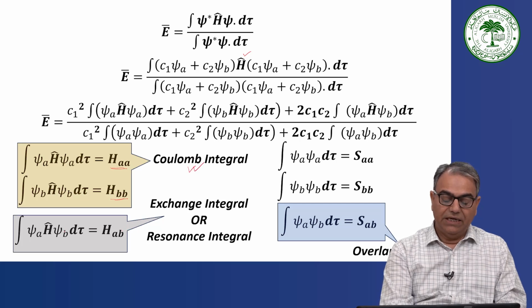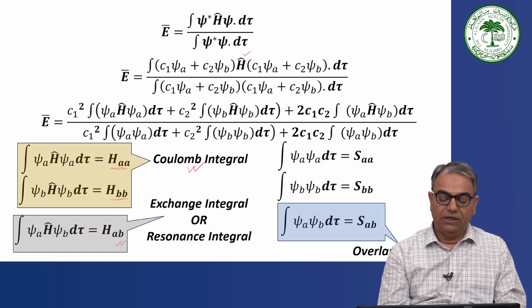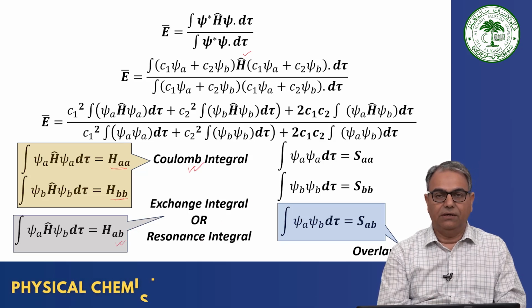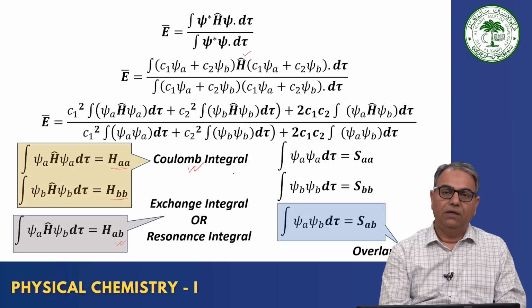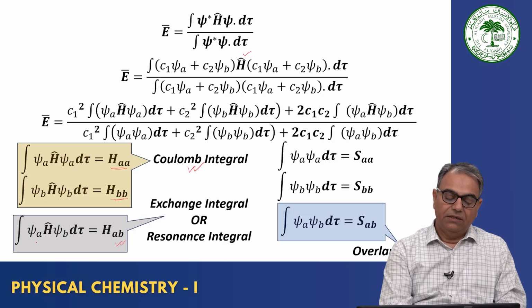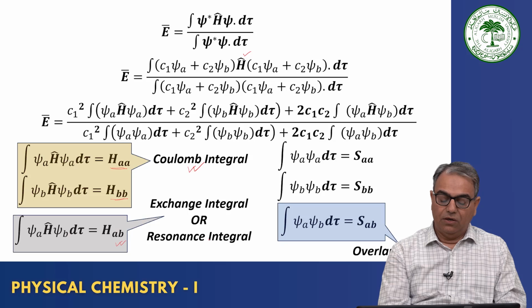When you have psi a h psi b d tau, it is called HAB, and this integral is called the exchange integral or resonance integral. See the difference: in the Coulomb integral both wave functions are the same, psi a and psi a, psi b and psi b. If the wave functions are different, psi a and psi b, then it is called the exchange integral or resonance integral.